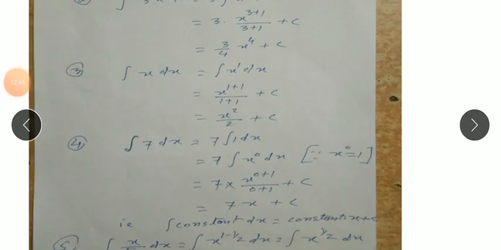Now this is equal to 7x plus c. That is the integration of a constant. You must remember this, it is very important. Integration of a constant is equal to constant into x plus c.